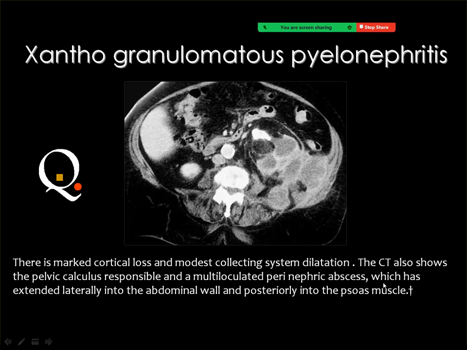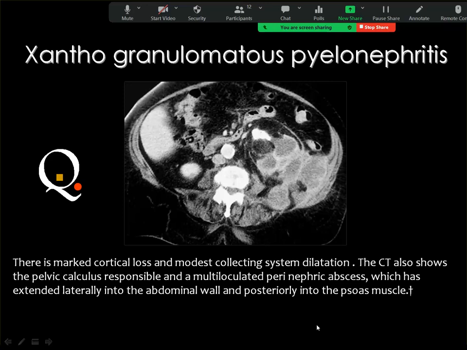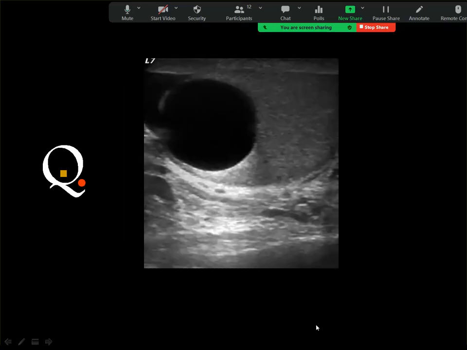The answer is xanthogranulomatous pyelonephritis that has progressed to a perinephric abscess that has involved the posterior abdominal wall as well.